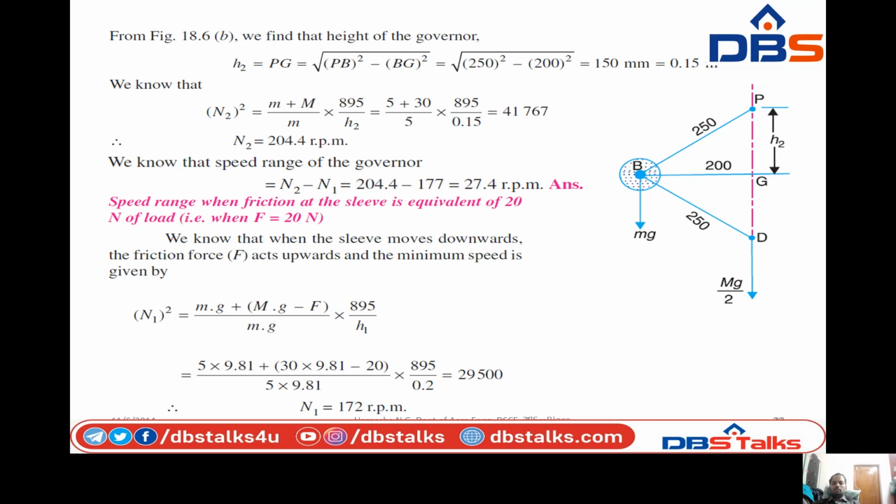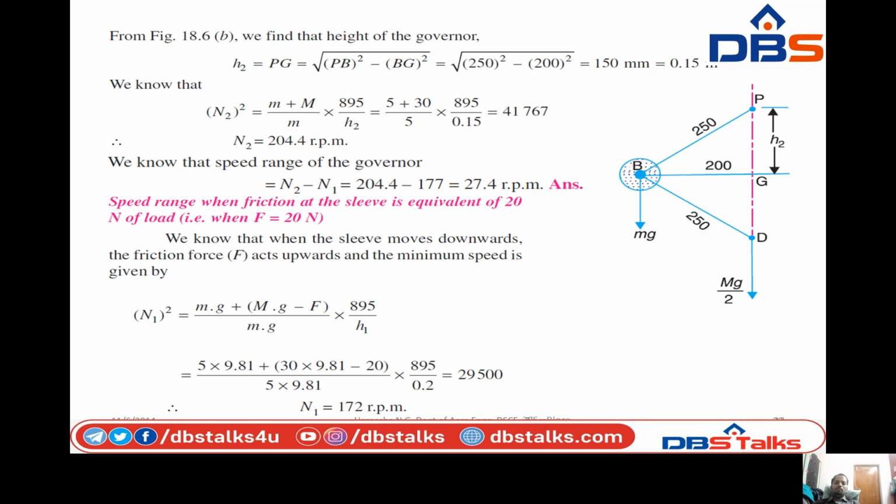Here F is actually in Newtons. F is nothing but Newtons, so we have to substitute it as a force. What is m is called a mass, but we need to convert it into a force, that is called a weight. So we have to multiply all the terms with g, or otherwise we can divide F by g.